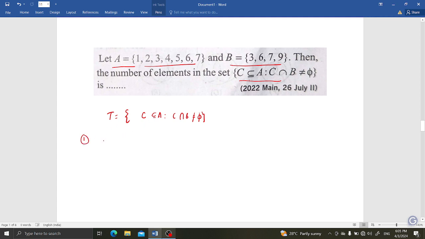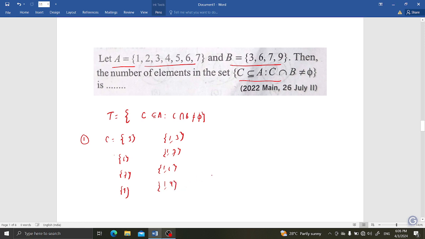Okay. So one way, the first way, is we will find the possibilities of C: 3, 6, 7, 9, 1, 3, 1, 7, 1, 6, 1, 9. But observe that if we are doing it like that, then it will take a lot of time.